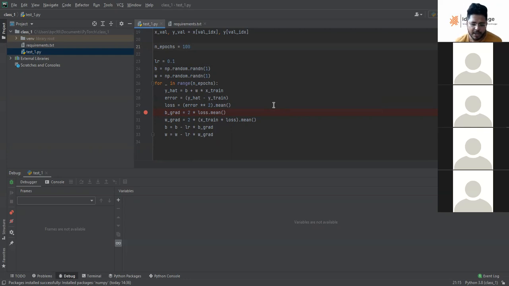Yes. If I am using a batch of 10, then how many updates will happen to my learnable parameters? 1,000. Yes. For every batch there will be 10, and 10 such batches are there.